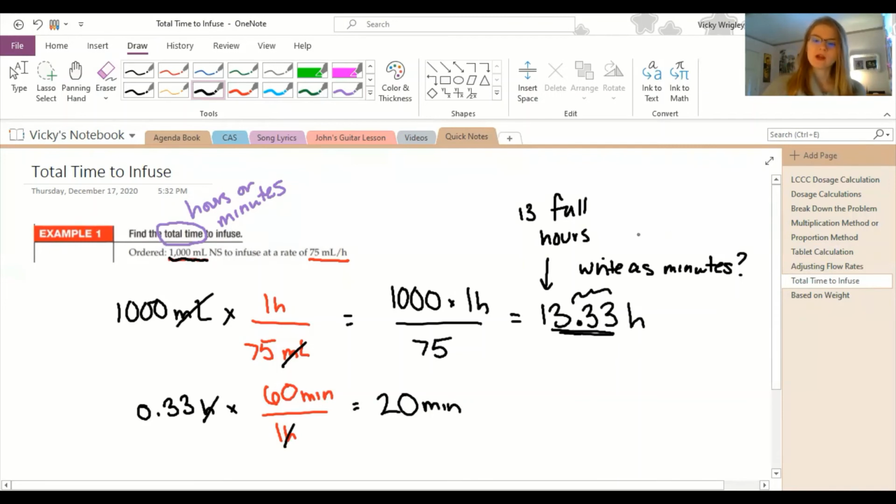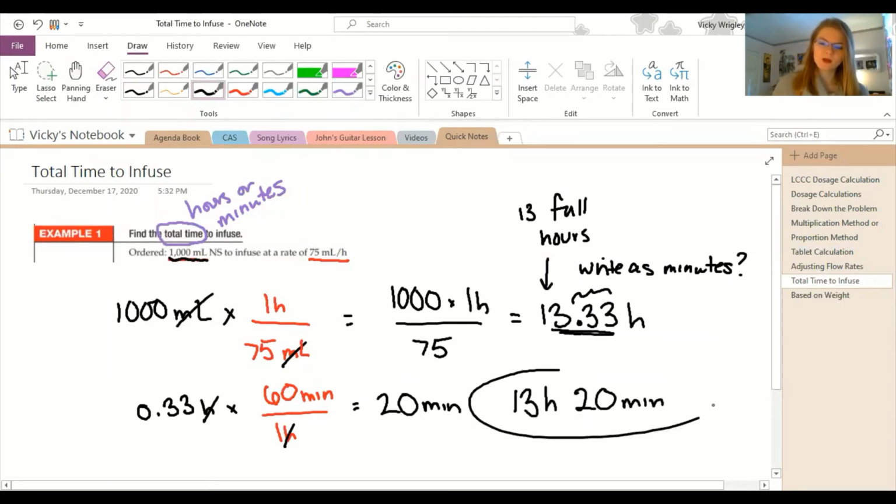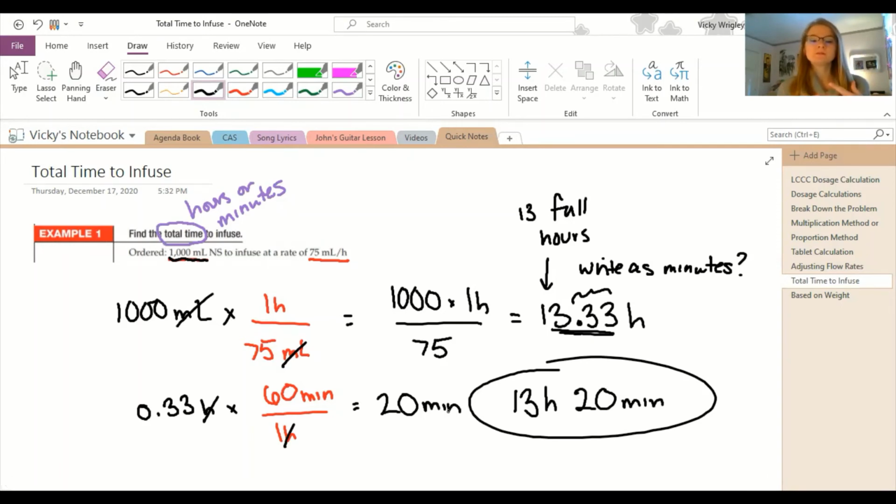So rather than writing 13.33 hours, you would write 13 hours, 20 minutes, which is a lot more straightforward. So for this problem, we did one conversion factor to get us to our answer. But to make our answer more easily readable, we did another dimensional analysis to leave us with our answer.